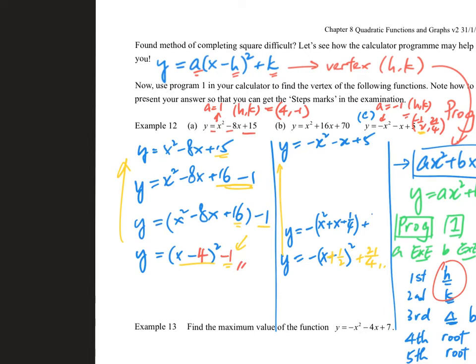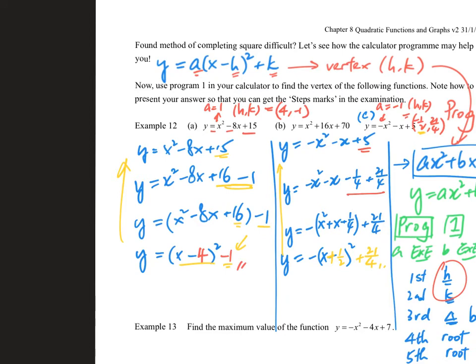Outside the brackets you have 21 over 4. One more step, you have y is minus x squared plus x plus 1 over 4 and plus 21 over 4. So it's well enough to say you complete the method of completing square by breaking down 5 into minus 1 over 4 and plus 21 over 4.